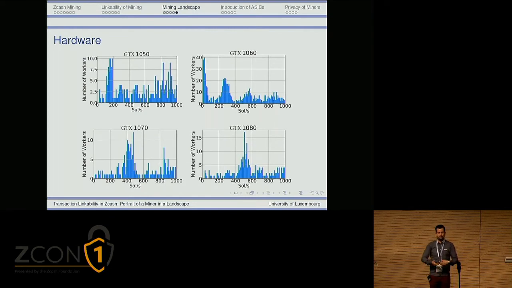So for example, if we want to talk about the NVIDIA GTX 1060 card in the top right, we simply queried for the string 1060 and then plotted our results in these histograms. In the histogram itself, the x-axis is the solution rate of the worker, and the y-axis is how many workers we have seen with that much power.